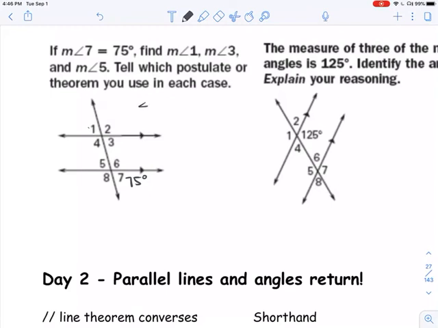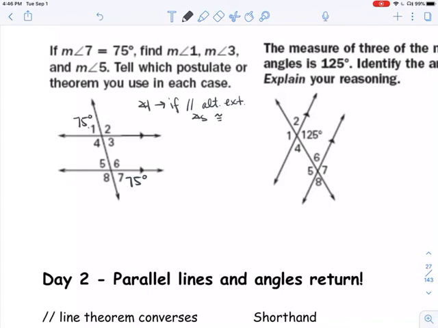So for angle 1, we can say if parallel, alternate exterior angles are congruent. So angle 1 would have a value of 75 as well.